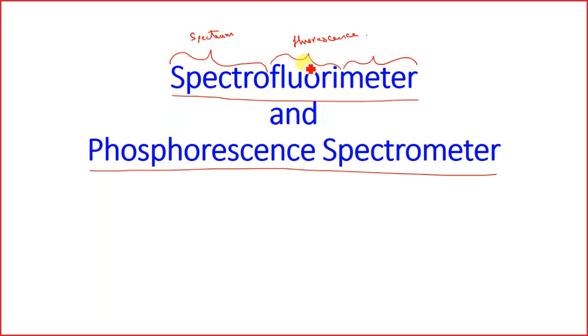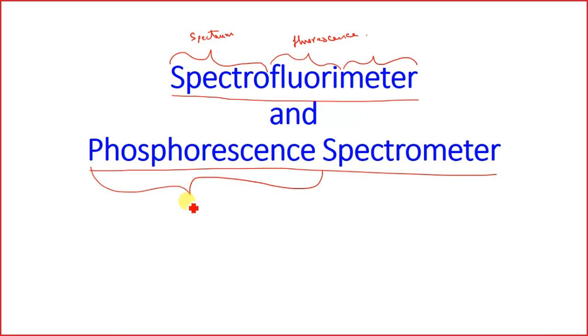So combining this, we can say that spectrofluorimeter is a device which helps in the measurement of the fluorescence spectra. Okay, so we will be studying what is fluorescence in today's lecture. Then another important related emission spectra is phosphorescence, which is related to fluorescence, but it is not exactly fluorescence.